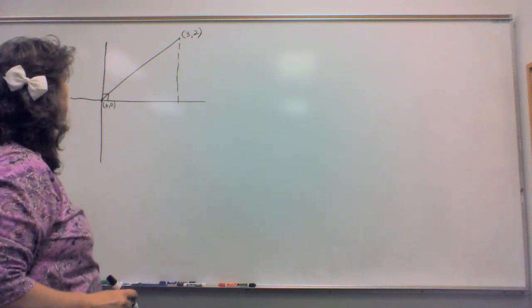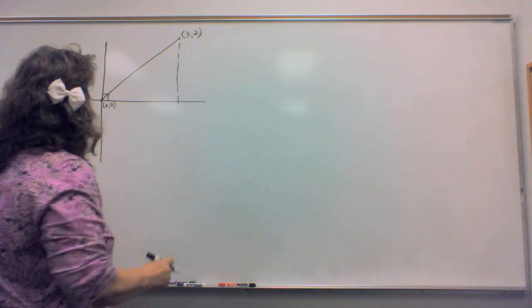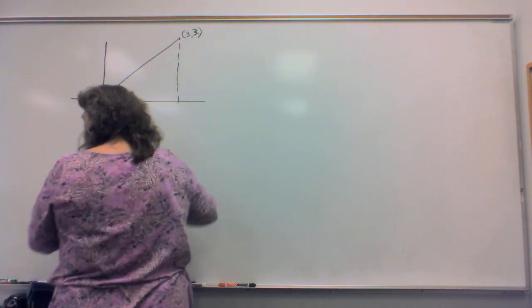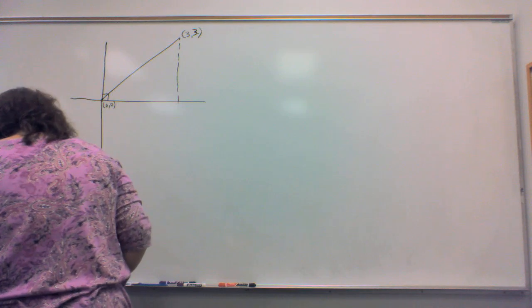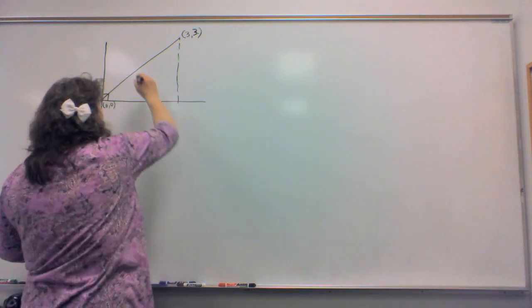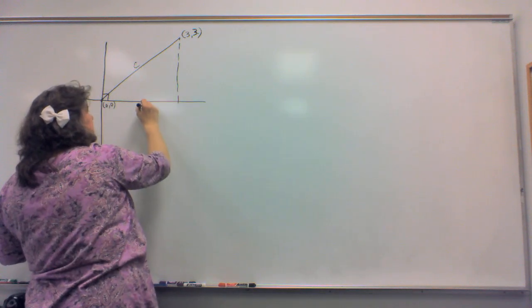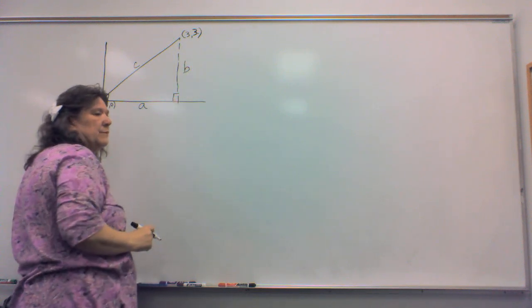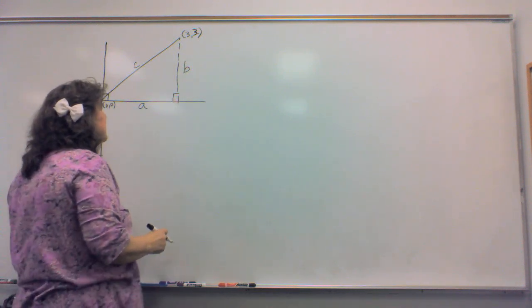What do we have here? Well, it looks like it's kind of the same, 3, 3. We'll go with that. So again, here is your C, this is A, and this is B, and here's a right angle. What does this give me?